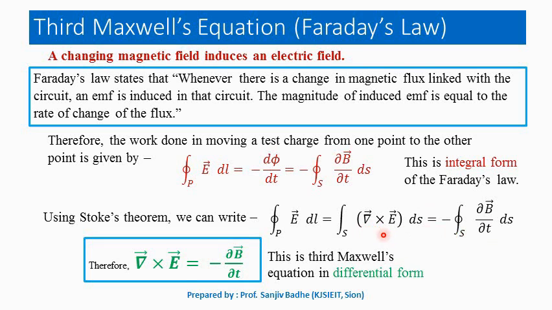So both are surface integrals on left side and right side. So we can equate curl of E bar to be equal to minus dB by dt. So curl of E bar is equal to minus dB bar by dt. So this is the third Maxwell equation written in differential form.